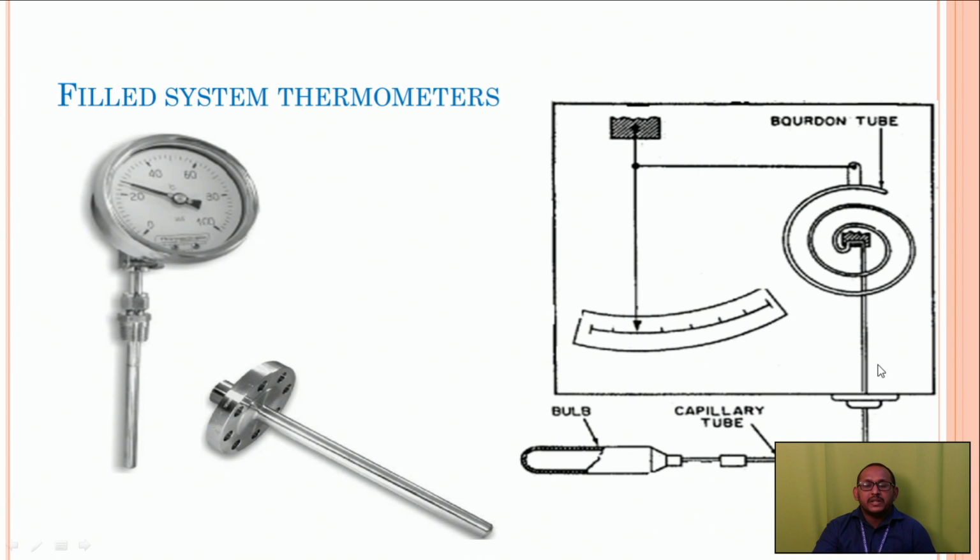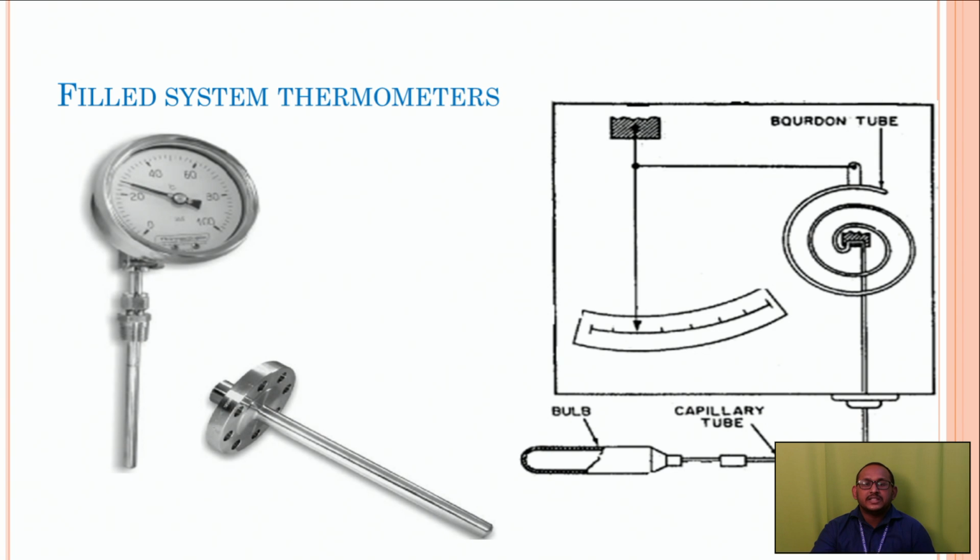After that, the capillary tube is connected to the Bourdon tube, because in the filled system we are using a steel bulb, a metal bulb, so we cannot see the deviation that is happening. Because glass is transparent, we can see the expansion or contraction happening inside the bulb.